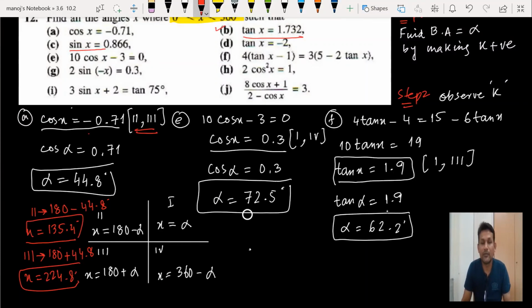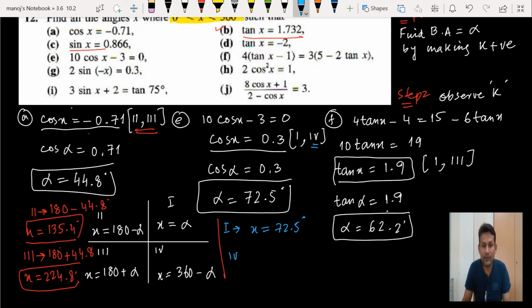Okay, now moving to this part. In the first quadrant, what we do in the first quadrant, x equals to alpha. So the first angle will remain 72.5 degrees. And we have fourth quadrant.